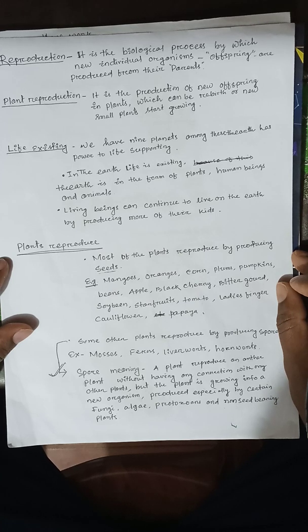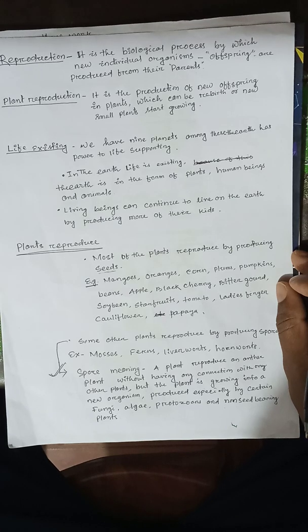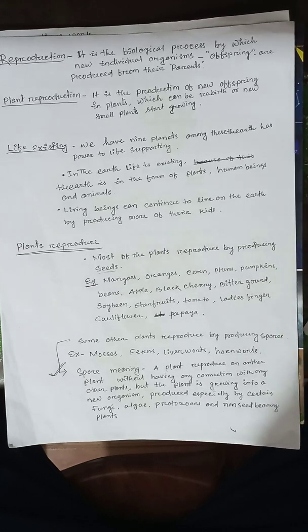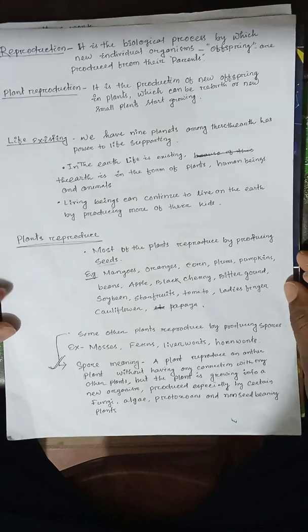Mangoes, orange, corn, plums, pumpkins, beans, apple, black cherry, bitter gourd, soybean, star fruits, lady's finger, cauliflower, papaya. These are the plants which reproduce by their seeds. And some of the plants reproduce by their spores.